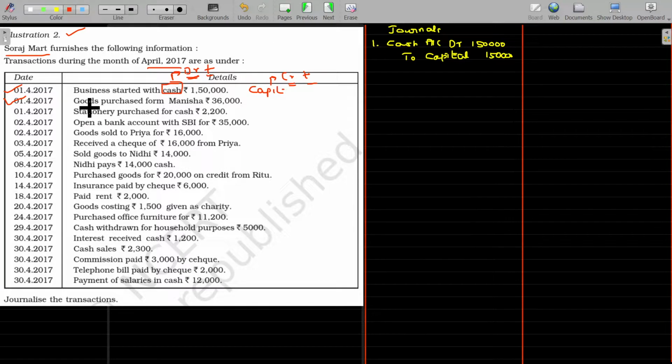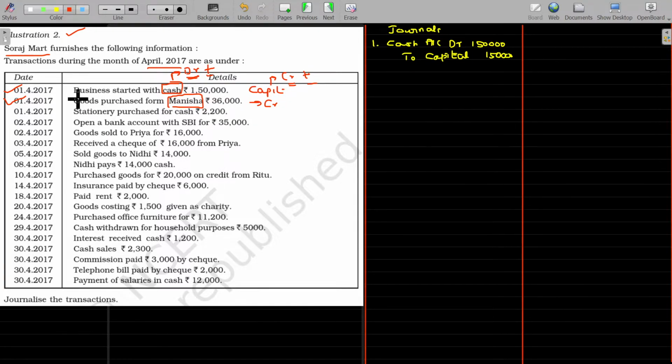On 1/4/2017, the next one, goods purchased from Manisha. Goods purchased and the name of the seller is given, but whether it's a cash or credit transaction is not given. Then automatically we will assume this is a credit transaction. If it is a credit transaction, the party's name should be taken.